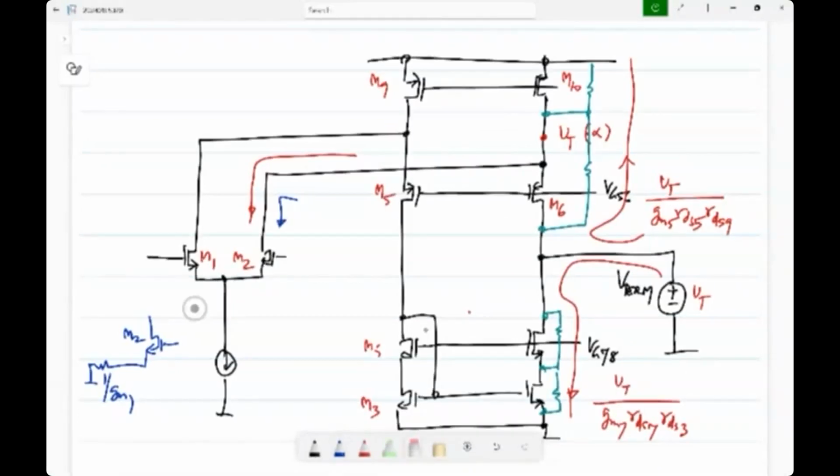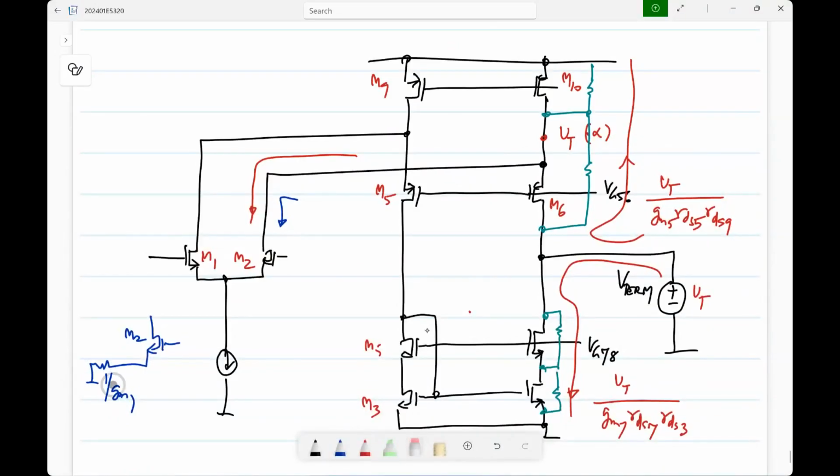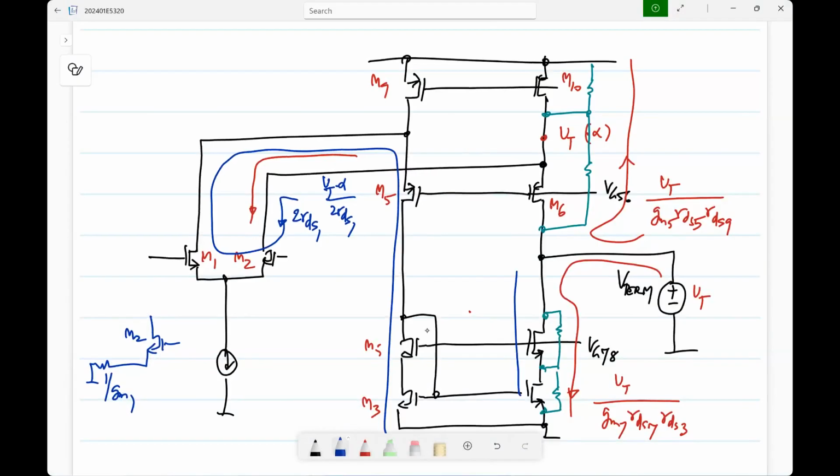So if you look at gm2 times rds2 times the degeneration resistance, you will simply get rds1 plus rds1, which you can't neglect here. So this is 2 rds1. Whatever this voltage is, Vt times alpha by 2 rds1 flows this way. But again, the same thing goes that way and then gets reflected. So the current mirroring effect is still there.